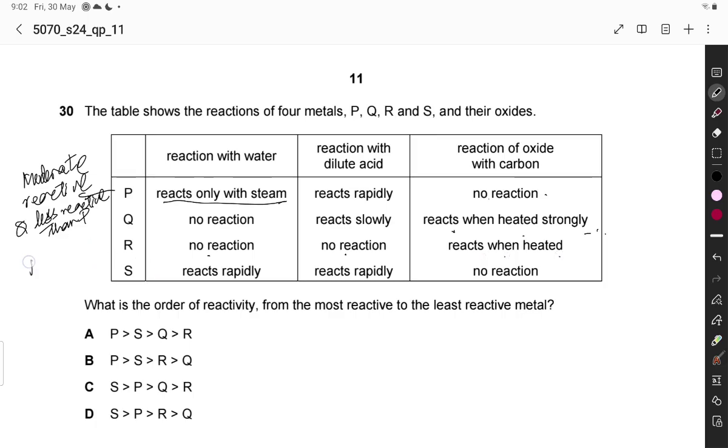So R is less reactive than Q. S reacts rapidly, no reaction of oxide with carbon. So S is more reactive than P, Q and R.